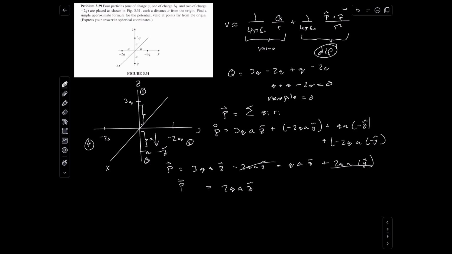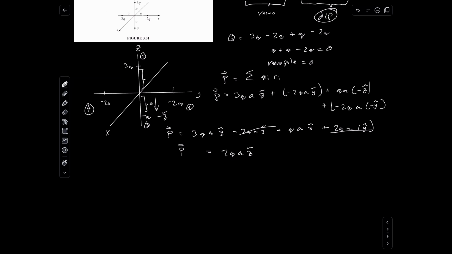Plugging that into our approximation equation there, we could just do 0 plus 1 over 4 pi epsilon naught. Remember, 0 is our monopole. Plug in our dipole moment, which is just 2qa z hat dotted with r hat over r squared.